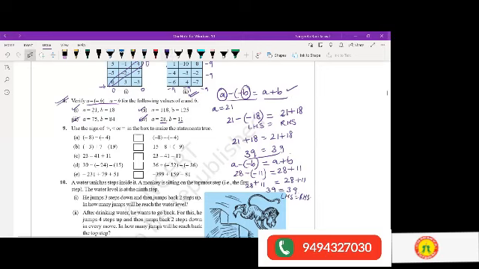Ma'am, I'm not getting the LHS and RHS. What happened? What are you forgetting in this? What is LHS and RHS? LHS is the left side of the equal to sign, and RHS is the right side of the equal to sign.